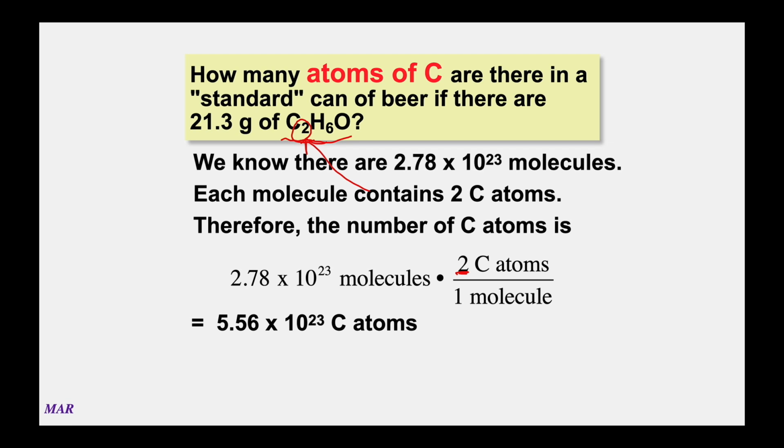If we would have been finding hydrogen atoms, we would have multiplied by 6 hydrogens per 1 molecule. Or we could have done oxygens, 1 oxygen per molecule. But anyway, for carbon, this comes out to be 5.56 times 10 to the 23rd atoms. So even more than that crazy number we had before. That's how many atoms of just carbon you're consuming.